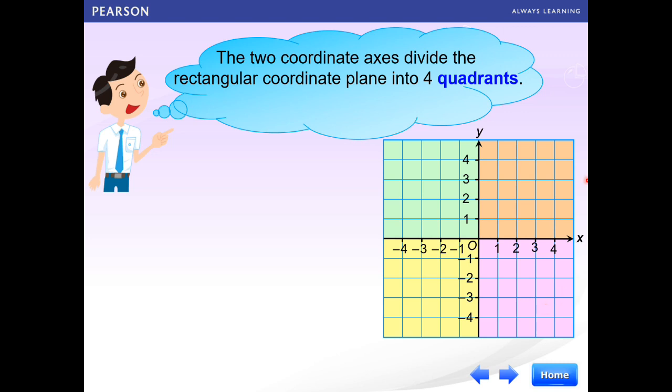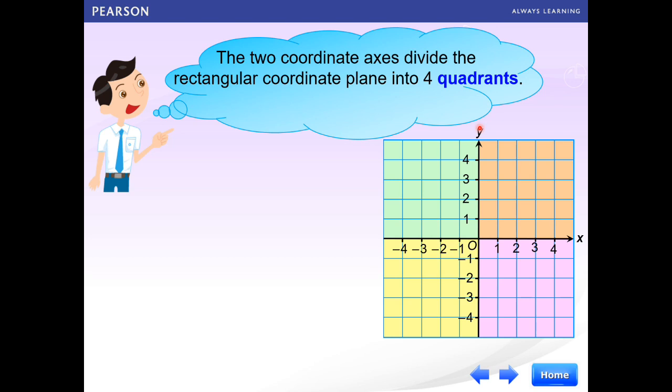And we will learn the other things. This time have a look at the coordinate system once more. And we can have a look once more at the x-axis and y-axis. We'll see that we can divide this area by using these two lines into 4 parts. And these 4 parts we'll call quadrants.